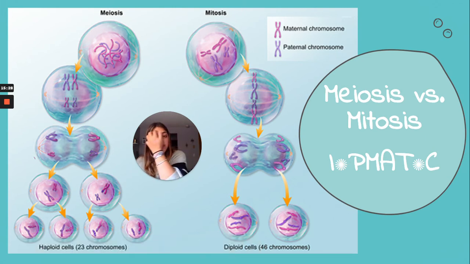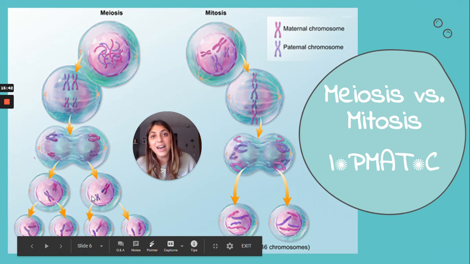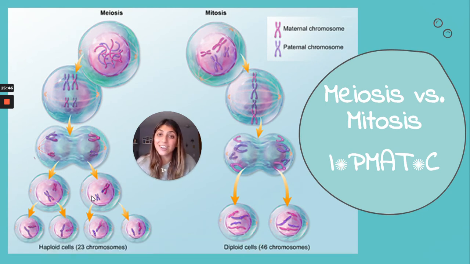So it's going to go through prophase 2, which is when they condense and the nucleus starts to deform again. Then metaphase 2, where they are going to line up in a single file. Then anaphase 2, which is when the chromatids are separated, and then telophase 2, when they separate and the nucleus starts to reform and the spindle fibers start to go away.